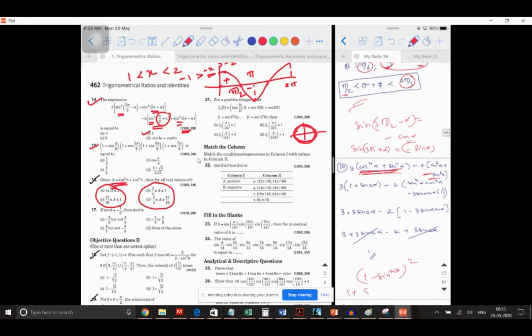So you have 1 plus sin power 4 theta minus 2 sin square theta. You already have 1 sin square theta. I hope you are able to understand what I have written. Rohan, are you clear with what I wrote? Yes, sir. Then after this, what are you supposed to do?